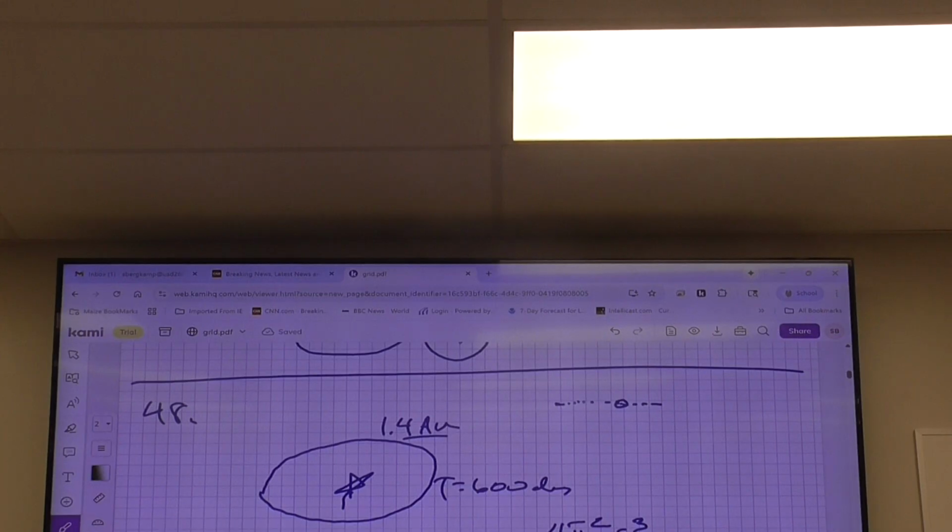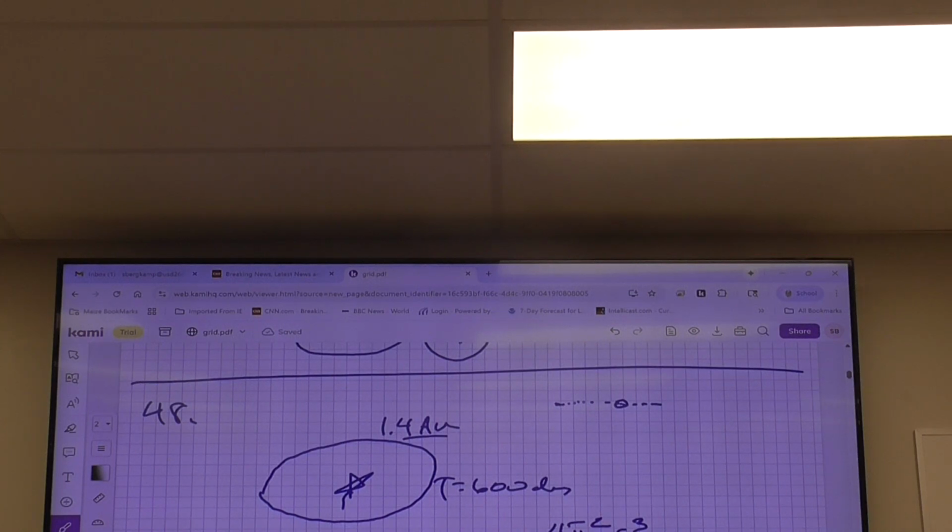You would take 1.4 AUs, and if you knew the distance from the Earth to the Sun, which you could look up in the back of the book, multiply that by 1.4 and you would have that radius, but it would have to be in meters. You could plug those numbers in and find a numeric value for the mass of this planet. But that's not what you're asked to find.